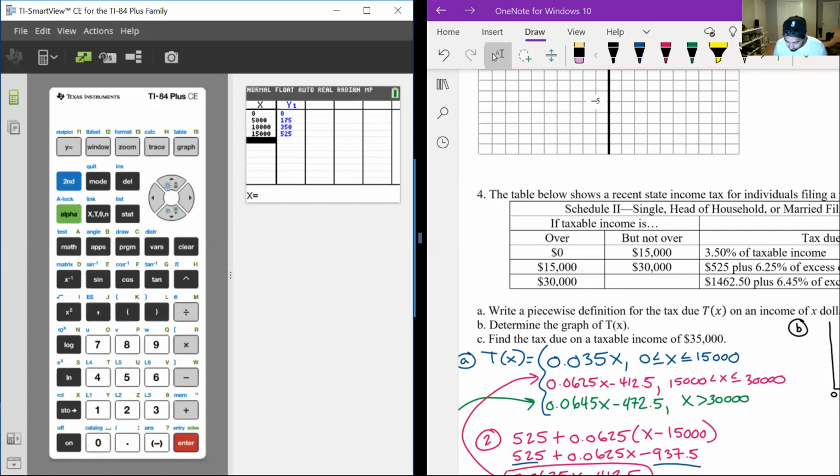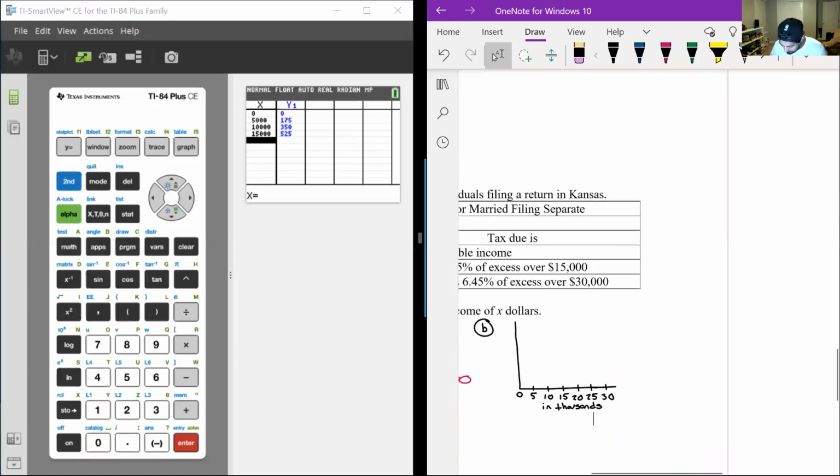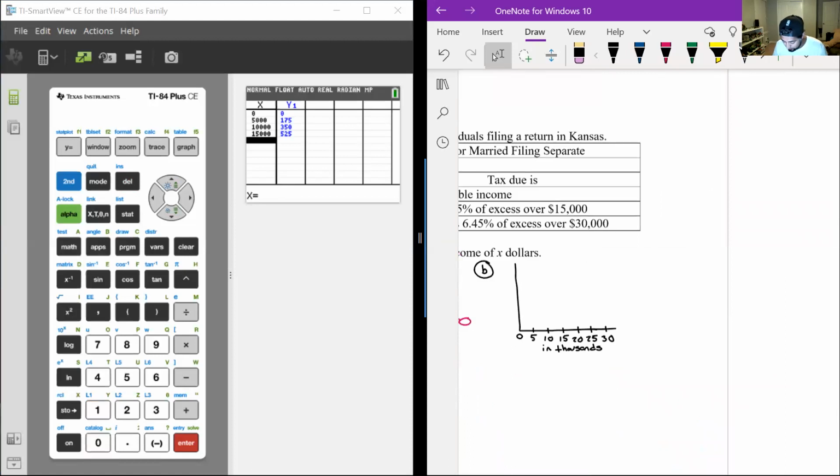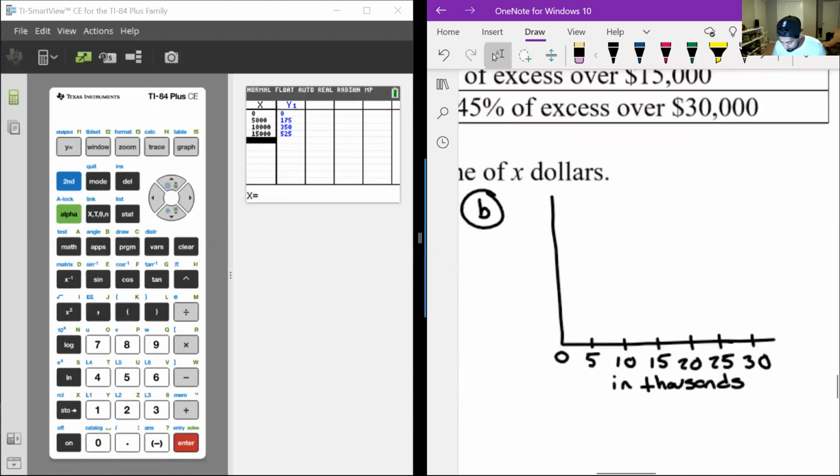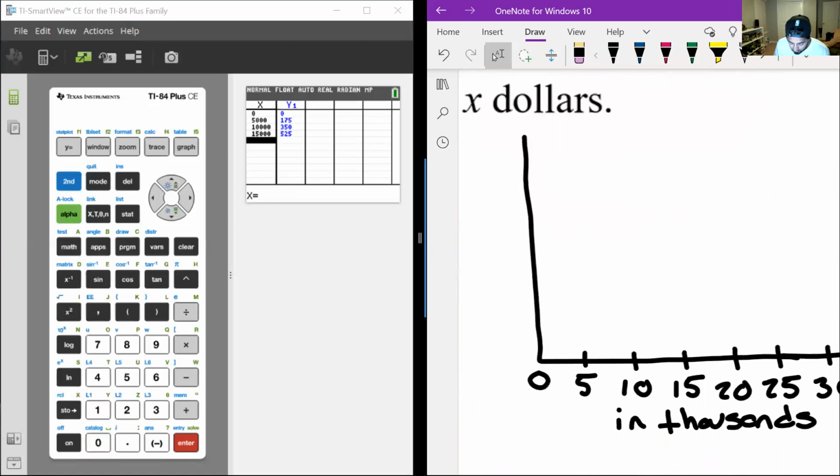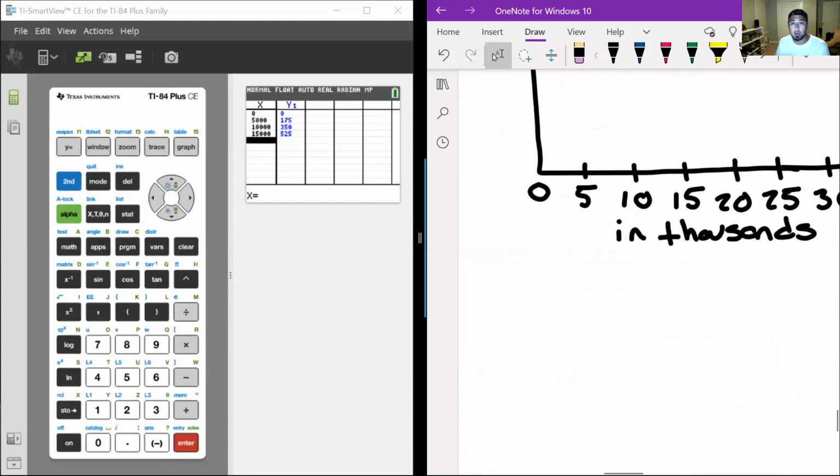All right. So that means over here, if I look, I have 0, 175, 350, and 525. I'm going to write those down because I want to know what the other y values are as well. So bear with me for a second.